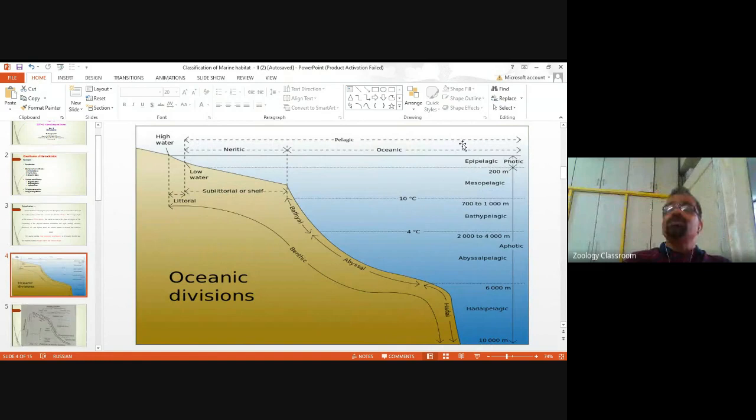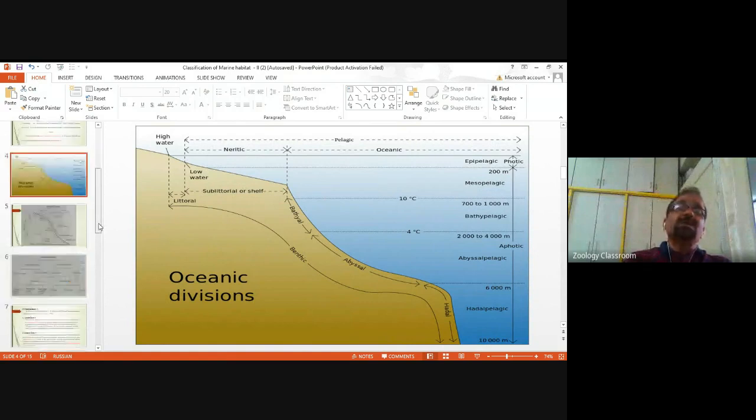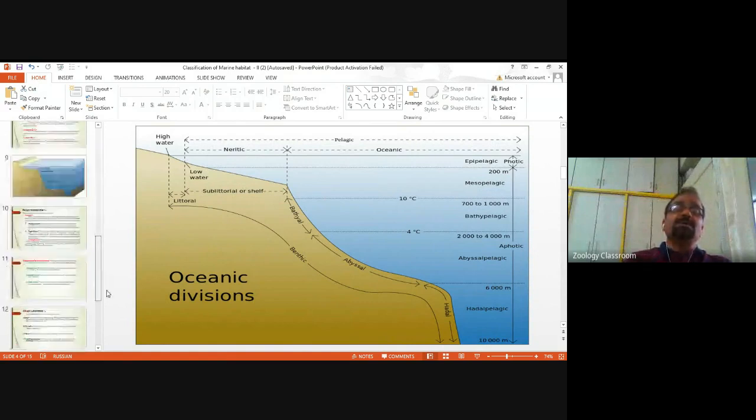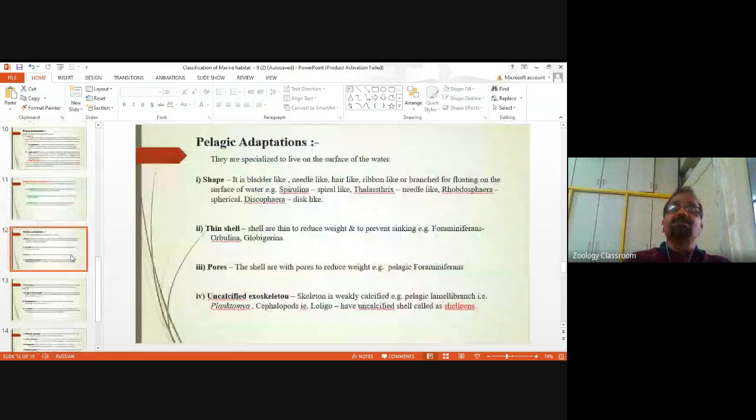The organisms which lead a comfortable life in this surface water are much adapted. What are the different adaptations present in them, that we are going to study. The very first is the shape.